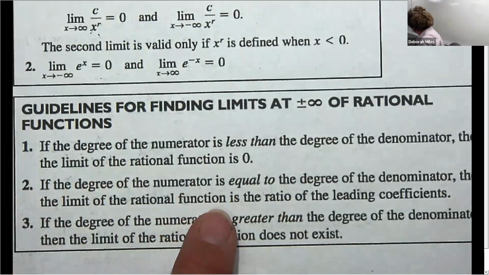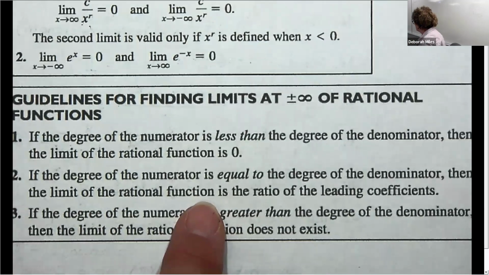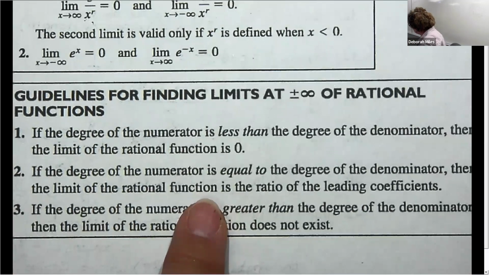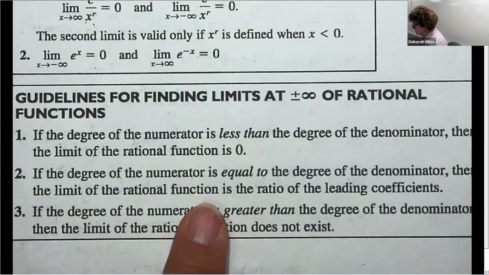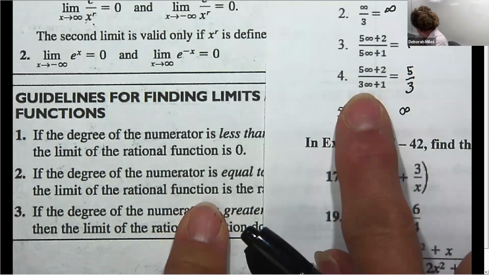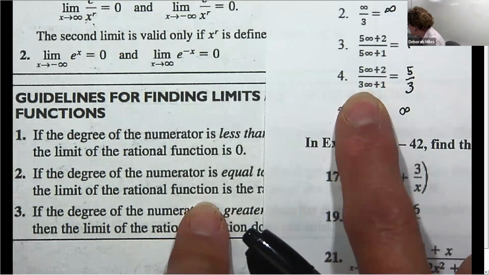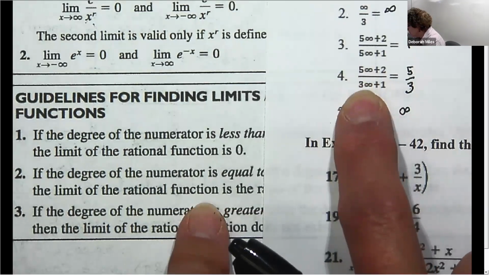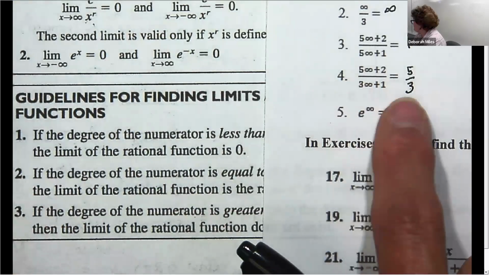Second part of that theorem: if the degree of the numerator is equal to the degree of the denominator, the limit, or the horizontal asymptote, is the ratio of leading coefficients. Like here, when we had 5 bazillion and 2 over 3 bazillion and 1, the degrees were the same. That limit, or that horizontal asymptote, would just be at 5/3.